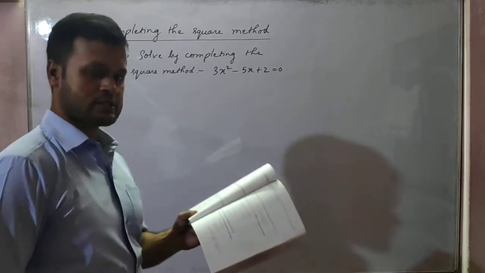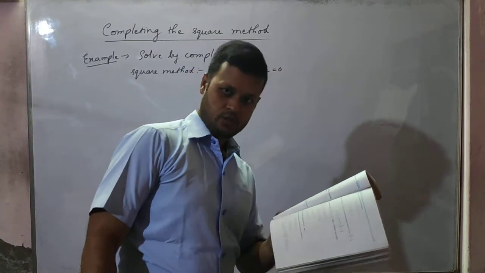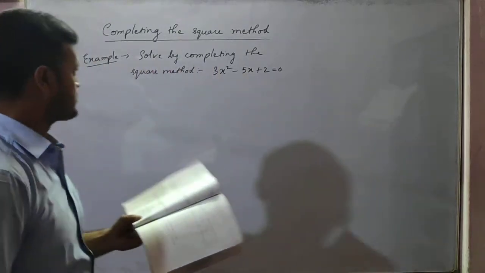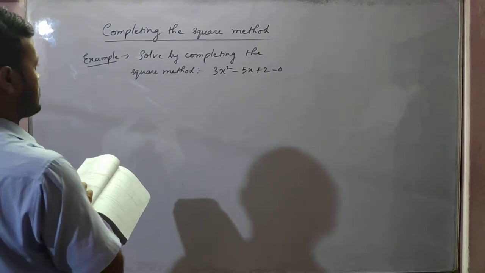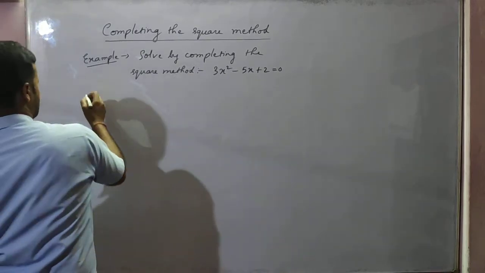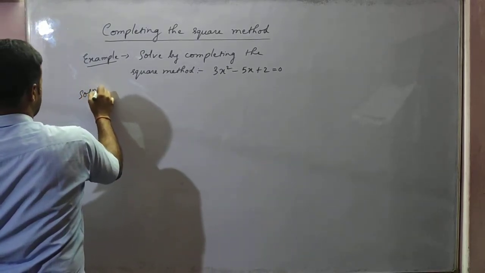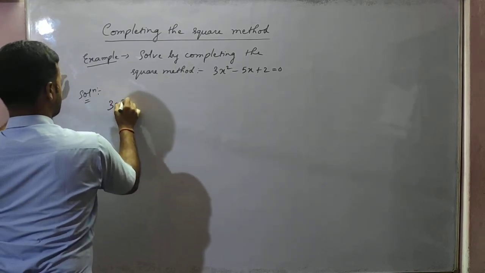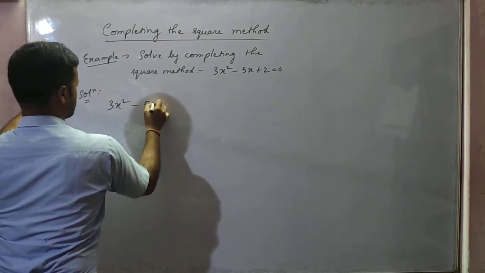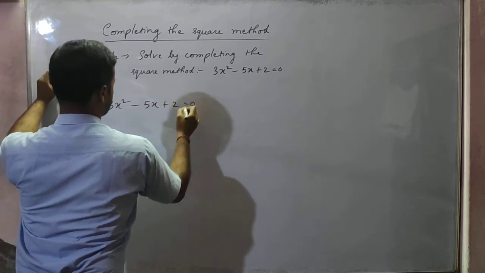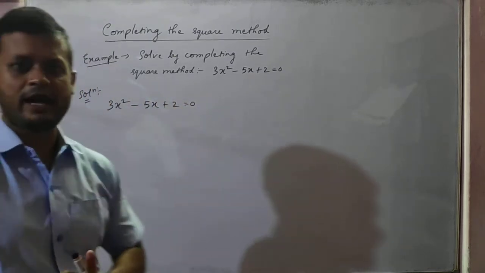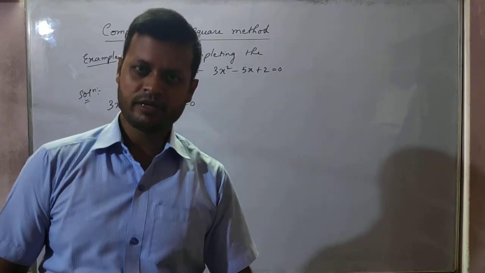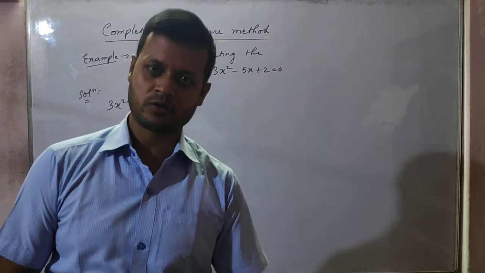Okay, so let us solve. Sometimes it will be written "find the roots of the following quadratic equation." If it is written "solve" or if it is written "find the roots," the meaning is the same.